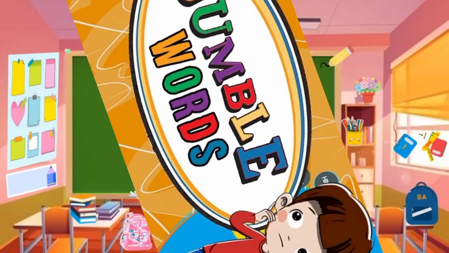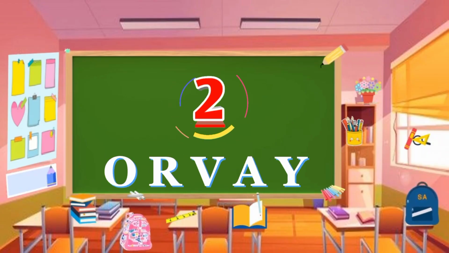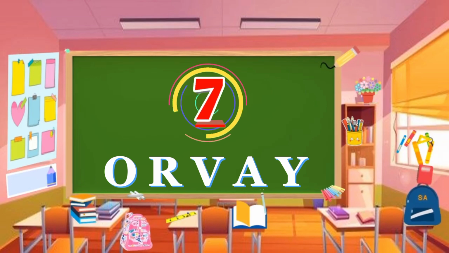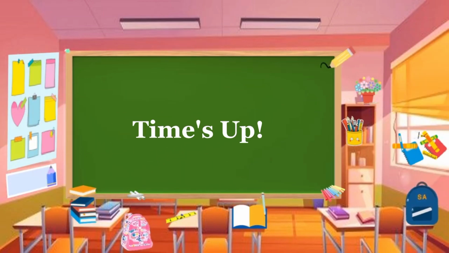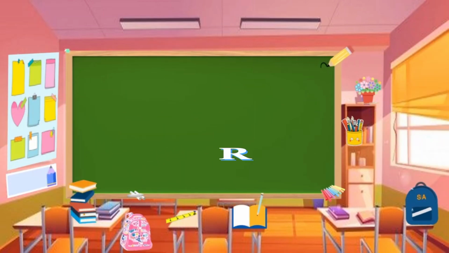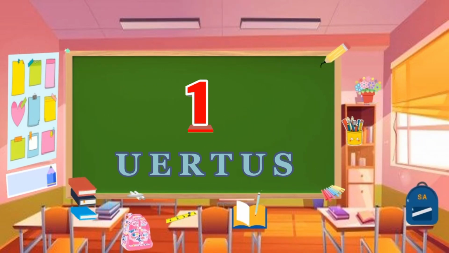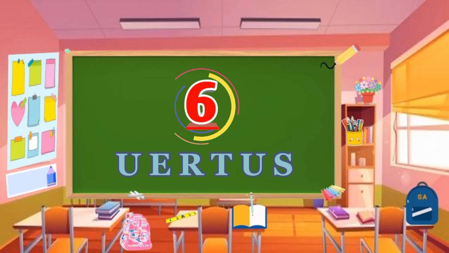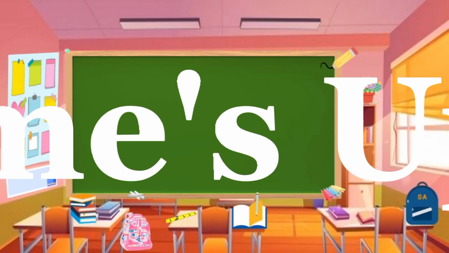But before that, let us first try to arrange the jumbled words. Number 1. That's right. The answer is ovary. Number 2. Correct.